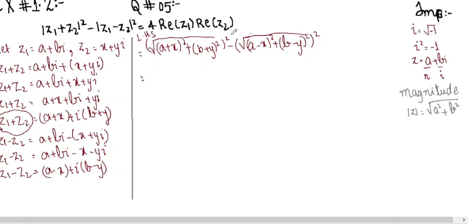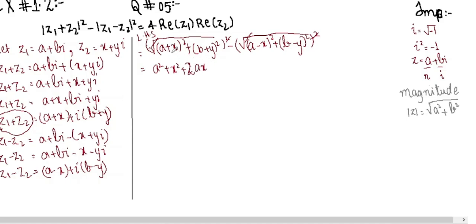Now the square and square root are cancelled, and here too the square and square root are cancelled. So we have a plus x whole square plus b plus y whole square. What is a plus b whole square? It is a square plus b square plus 2ab.